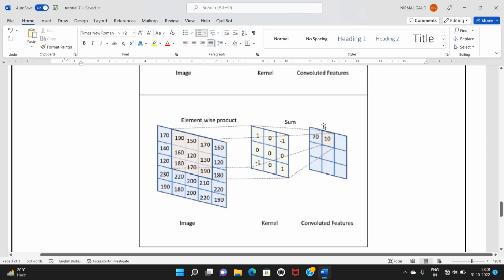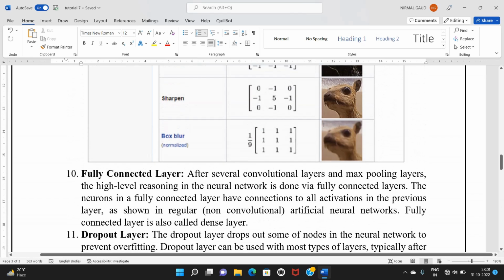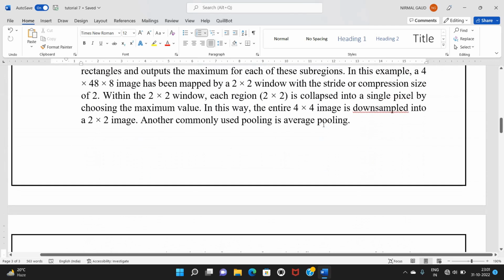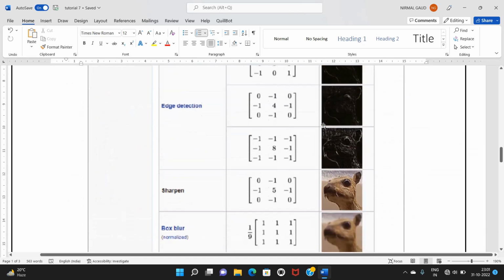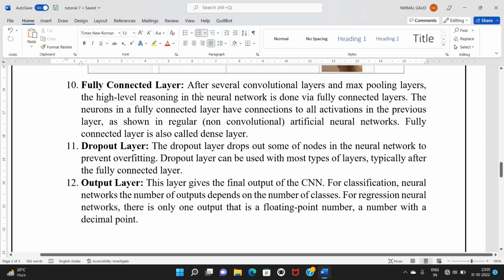There could be multiple convolution layers where this operation is performed for training my model, and then multiple pooling layers also. There could be multiple dense layers, because they are fully connected layers, and dropout layers also. So there could be a proper arrangement of all those layers.